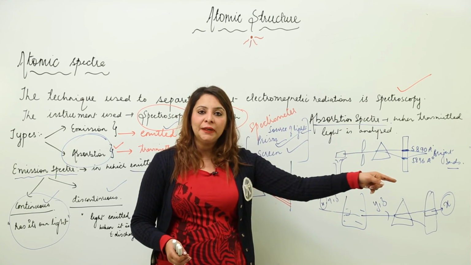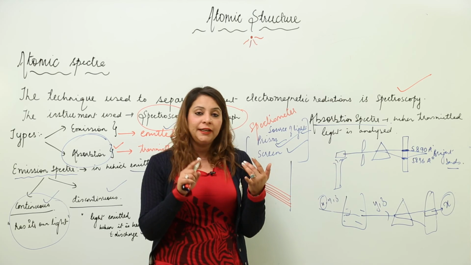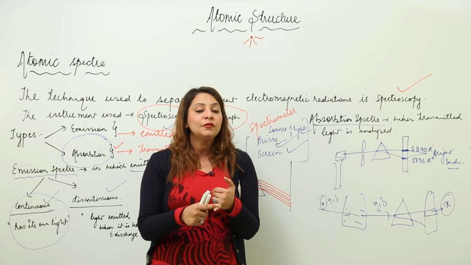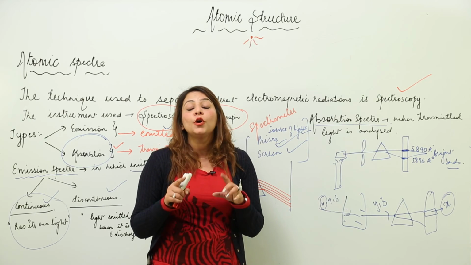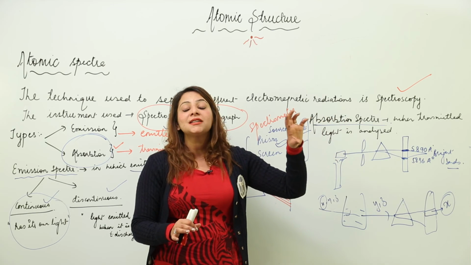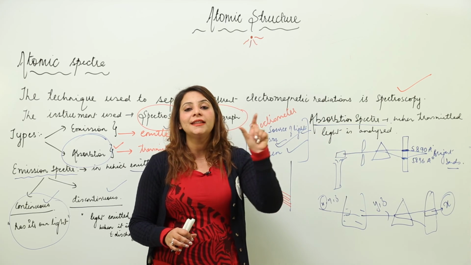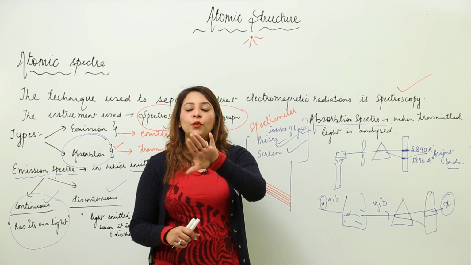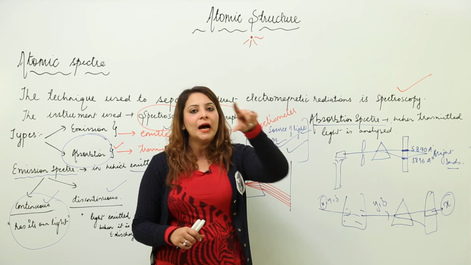Whatever light is transmitted lacks these wavelengths. We have the whole range of light, but 5890 and 5896 Angstrom will be absent, so there will only be a dark band.